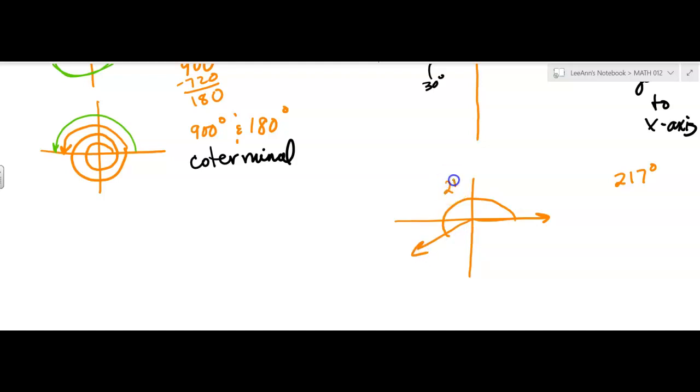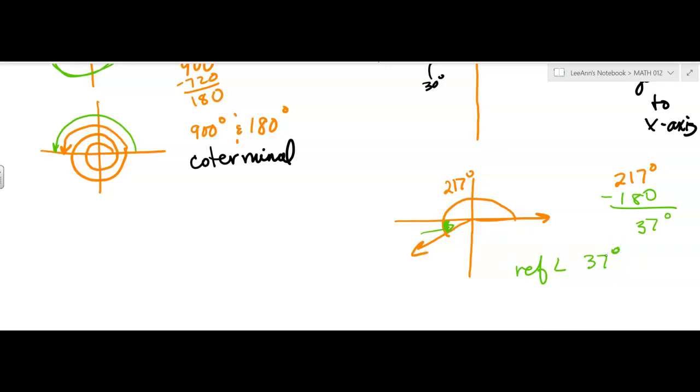Okay, so say that's 217 degrees. Now, to find the reference angle, you want to think about this angle right there. That's what I mean about going to the x-axis. Think about what is that degree right there. So you're at 217, subtract 180. And that's going to give you a reference angle of 37 degrees. So that's the reference angle, and there's my symbol for angle, 37 degrees.